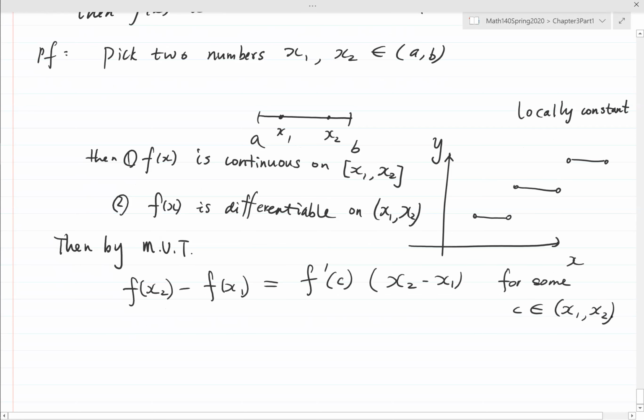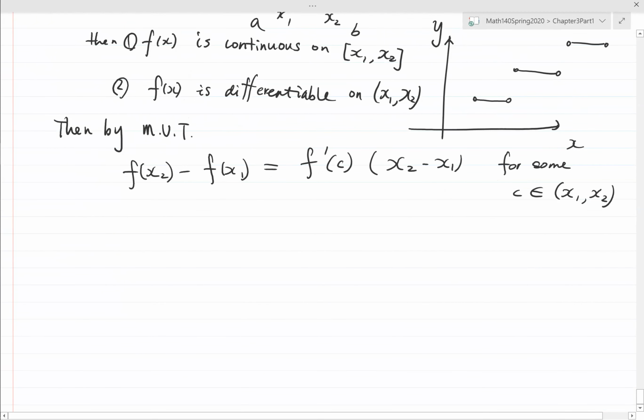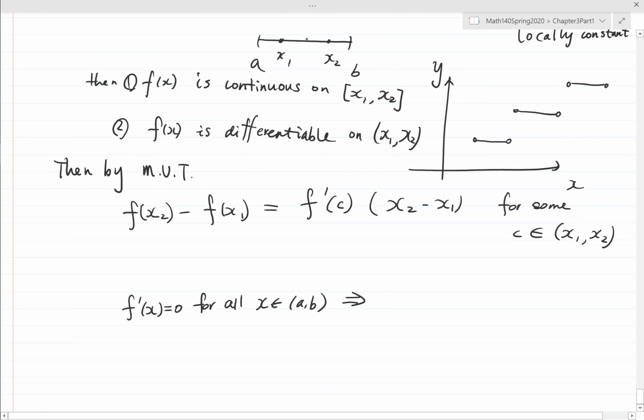Now x1, x2 lie in between a to b, and f derivative is 0 for all x in a to b. This implies, in particular, that c lies in x1 to x2, so c actually lies in between a to b. So f derivative at c should be 0 because c lies in a to b.